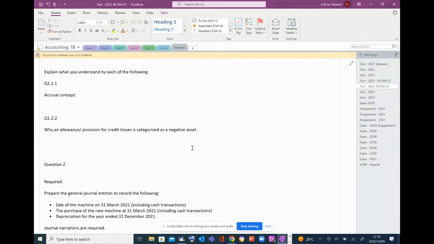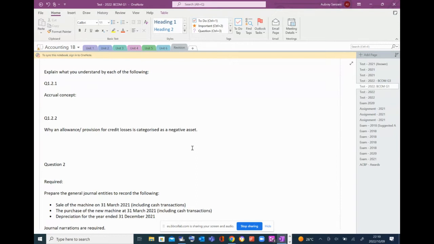Expenses must be recorded when they are incurred, not when they are paid. Those are the key things that were somewhere in your answer, and that's why most of you got 3 out of 3. As long as we saw that logic, you obviously got your marks.